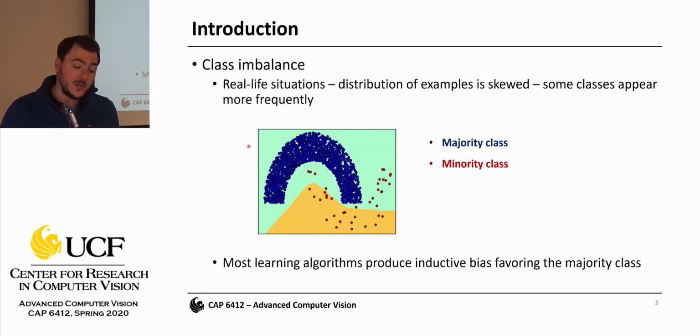And most learning algorithms will produce an inductive bias favoring the majority class. What that means, in cyan and yellow here would be the classifier, and you can see that the model would be missing some points of the minority class, wrongly classifying this data set.